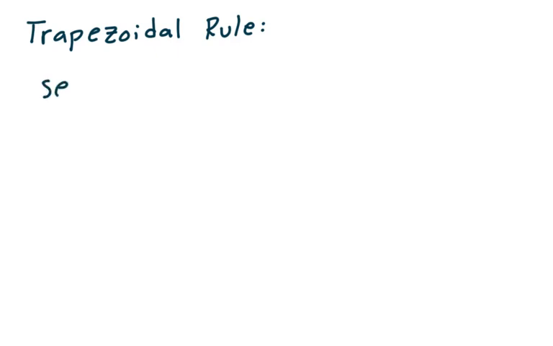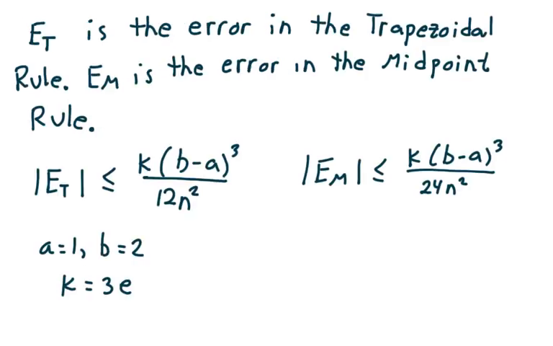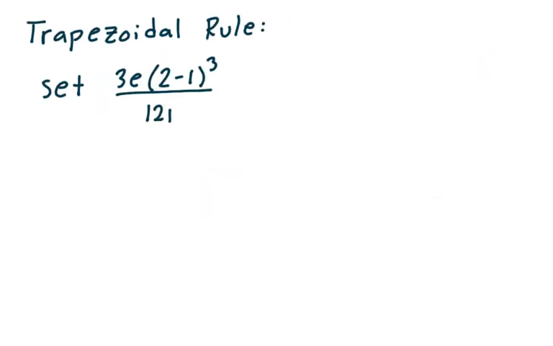So I'm going to set 3e times 2 minus 1 to the third, divided by 12n squared, and I'm going to set this less than or equal to 0.0001.